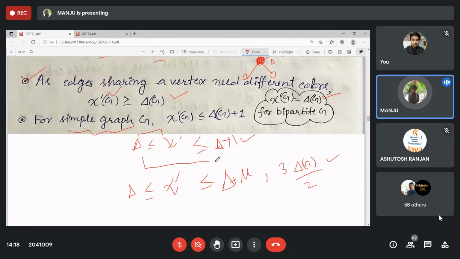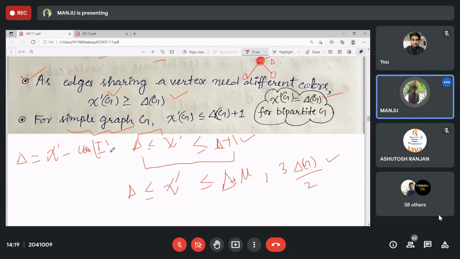for the simple graph we have classifications, class 1 and class 2. Class 1 is when the chromatic index is equal to delta. These are known as class 1 graphs. All the bipartite graphs fall into class 1.